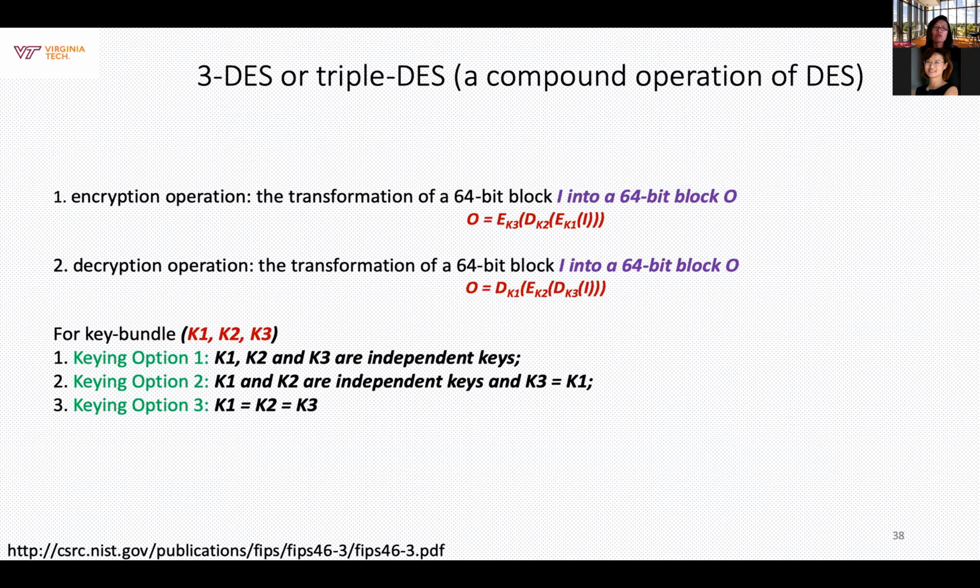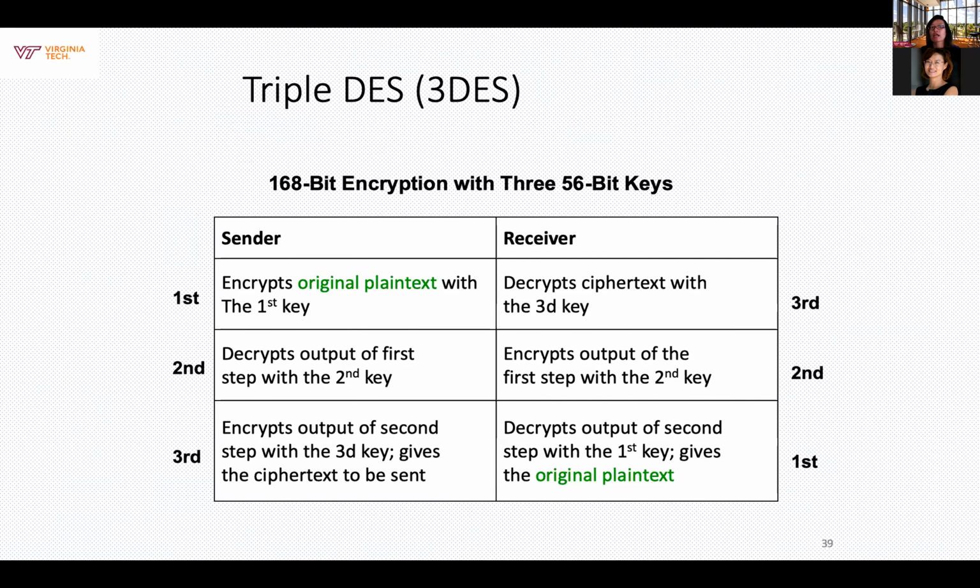There are different ways of using the keys. You can have the same key, 3 different keys, and so on. In general, NIST recommends AES, not 3-DES. So don't use 3-DES. But this has been used in practice for a while as just a mitigation.